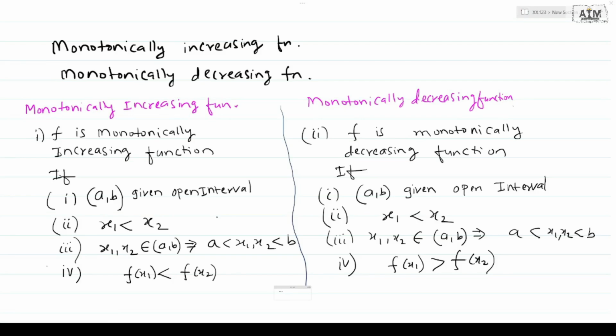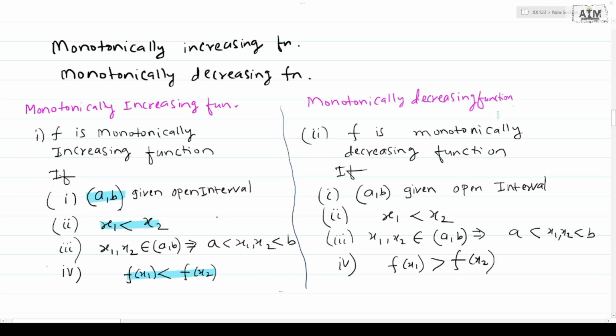Sometimes we use another technical term, that is monotonically increasing and monotonically decreasing function. In case of a monotonically increasing function, we are given interval AB and we have x1 smaller than x2 such that f of x1 is smaller than f of x2, then we say it is a monotonically increasing function.